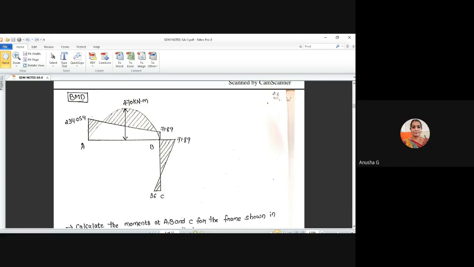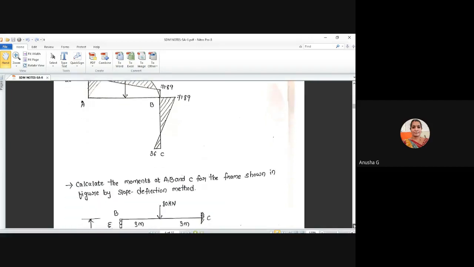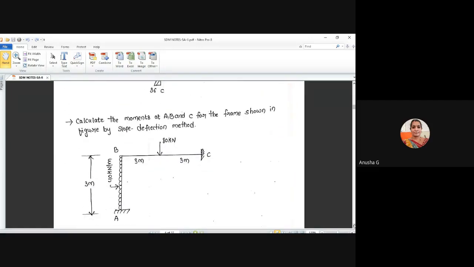Okay, ma, this problem you have to take as homework, solve it, and then send it to me. Note down this one, same one only, but here the column is having the UDL load and the beam is carrying one more UDL or one concentrated load. Calculate the moments at A, B, C as shown in the figure by slope deflection method.